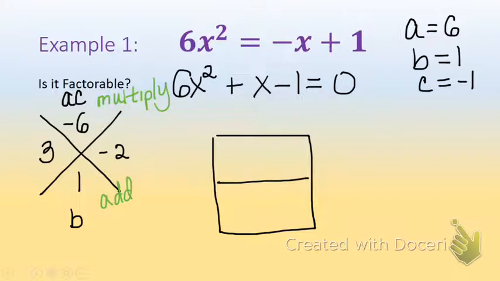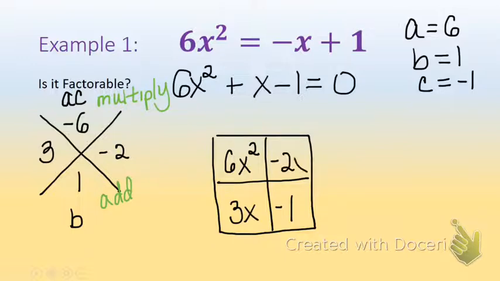Okay, so when we create our box, we always put the a term in the top left square. So 6x squared goes here, and c goes in the bottom right square. And we found our two numbers, so we have a 3x and a negative 2x.